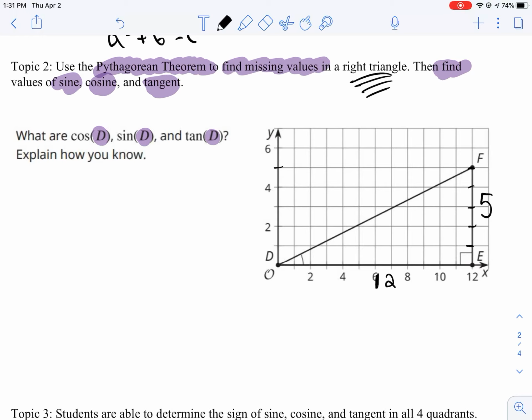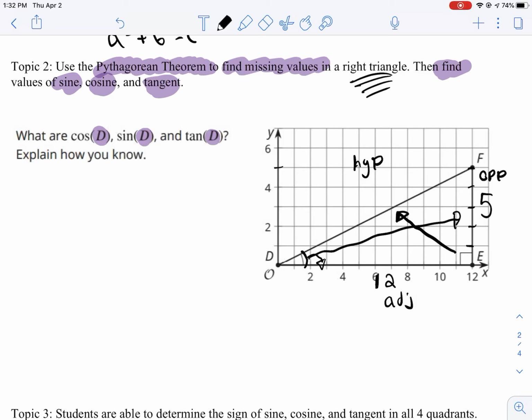What we need before we're able to find sine or cosine is our hypotenuse. We're already given, from angle D, our opposite and our adjacent, and we still need to find our hypotenuse, which is once again across from your right angle.